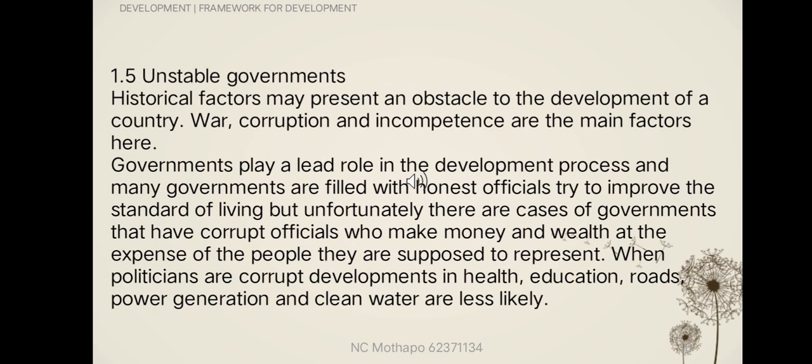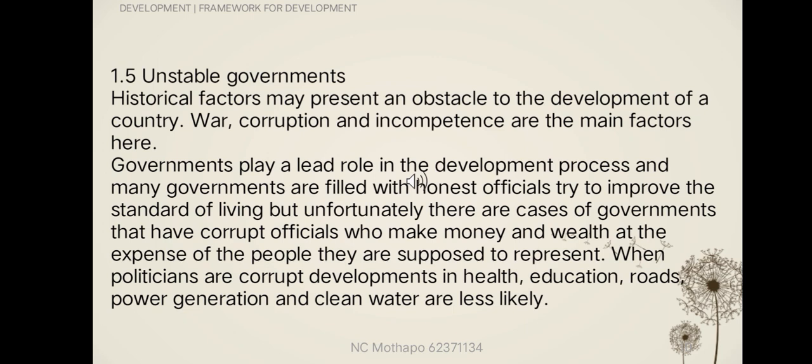The fifth factor that we're going to look at is unstable governments. Historical factors may present an obstacle to the development of a country. War, corruption, apartheid, and incompetence are the main factors here.